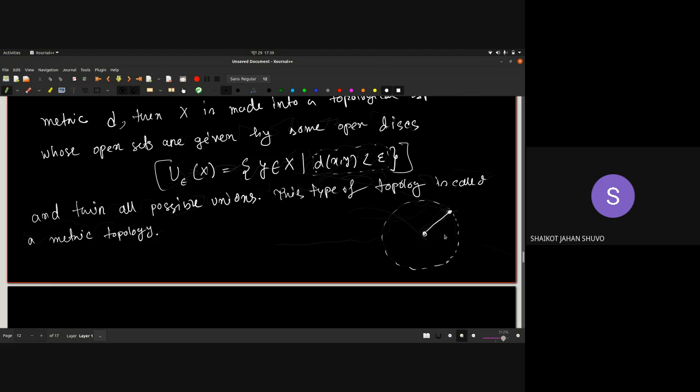Why? Because they don't have a boundary. So if you consider this as a circle, a ball type of figure, then you can safely assume that the radius of that ball or disk is less than some epsilon, where epsilon is very, very small. Even though the figure I draw is pretty big, this epsilon in reality is very small.